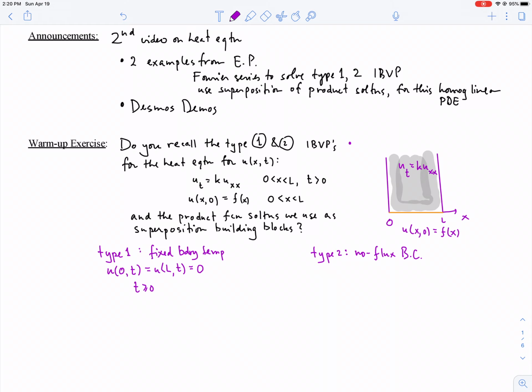And so the no flux boundary condition is that du dx at 0,t and du dx at L,t are always 0.